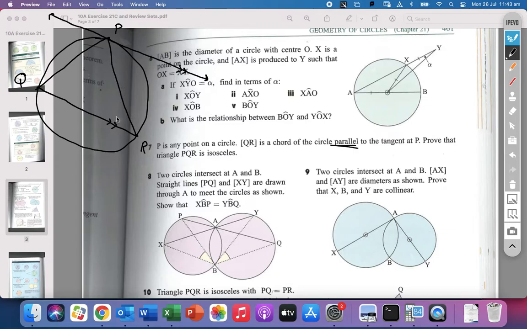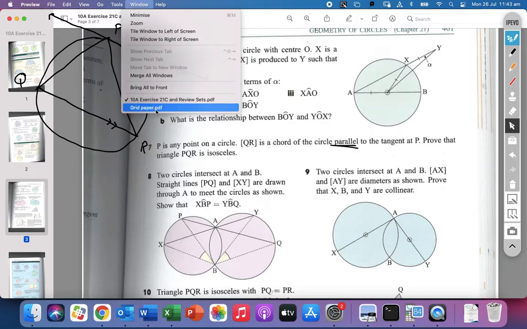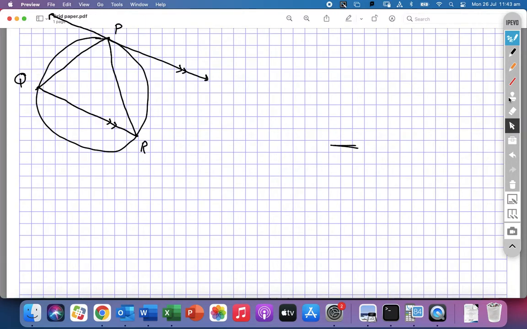Okay. So I'm going to change the screen. PQR is isosceles. It doesn't matter that my sketch is a bit dodgy. What matters is that I communicate the answer and get the answer properly.